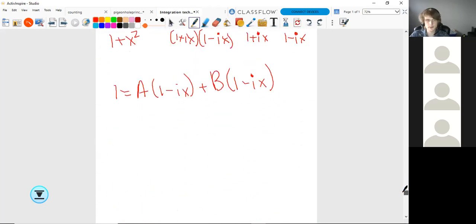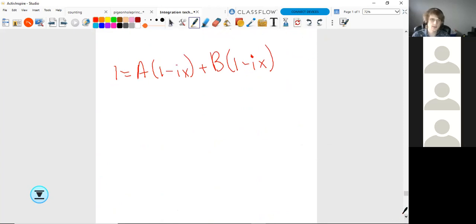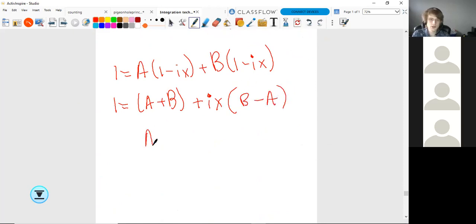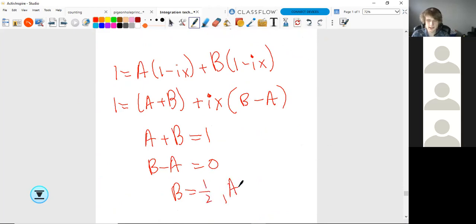Let's do it the way that always works, which is really not that much more difficult because solving linear equations isn't that difficult. So we get 1 is equal to a plus b plus ix times b minus a. So that means that a plus b is equal to 1, and there's no x component here, so we get b minus a is equal to 0. So b is equal to 1/2, and a is equal to 1/2.